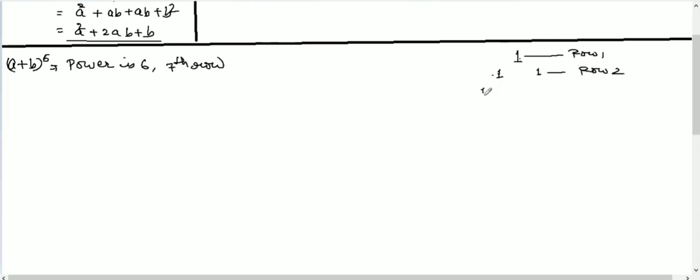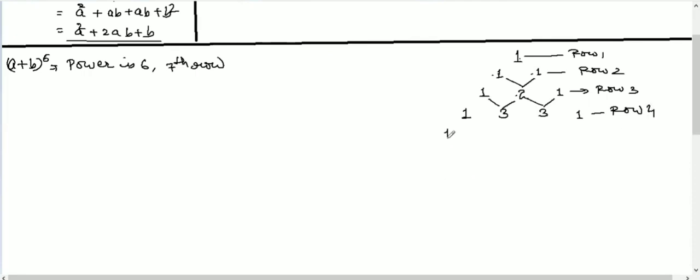The next row, on both sides write 1 and the middle term will be 1 plus 1, which is 2. We just added these 2 terms and this is row 3. The next row will be 1 on both sides and then 1 plus 2 is 3 and 2 plus 1 is 3. We just added these 2 terms. This is your 4th row.